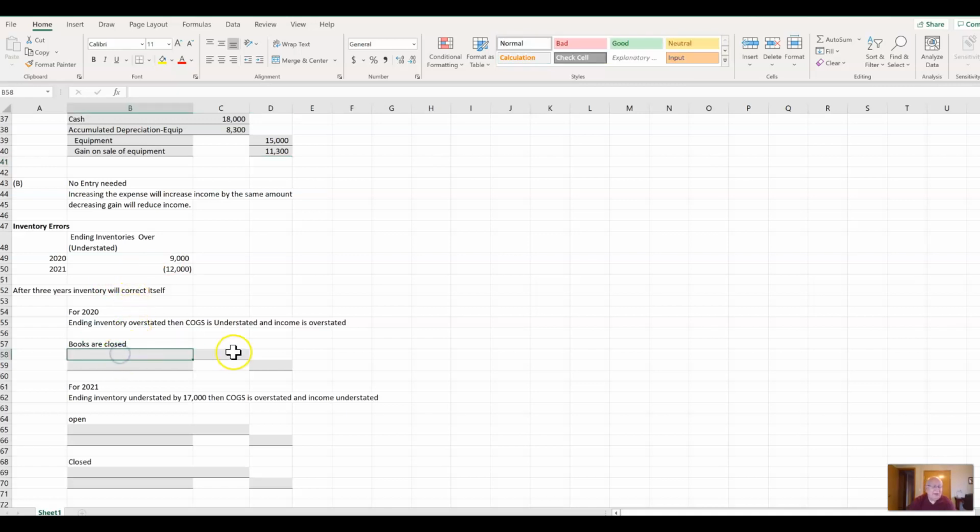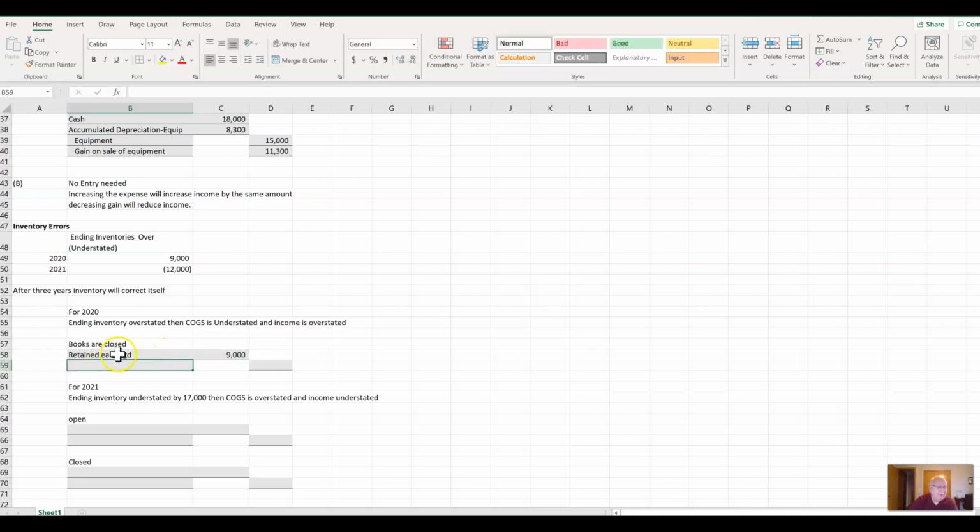So in 2020, it's overstated by $9,000. That means our income was overstated because cost of goods sold was understated, which overstates the income. So we need to reduce the retained earnings because the books are closed, and remember, income is closed into retained earnings and it's overstated. So that would be a debit to retained earnings for $9,000.